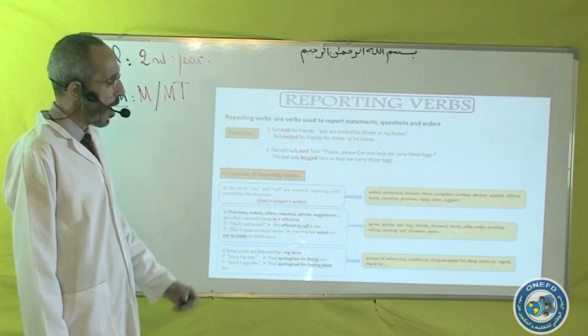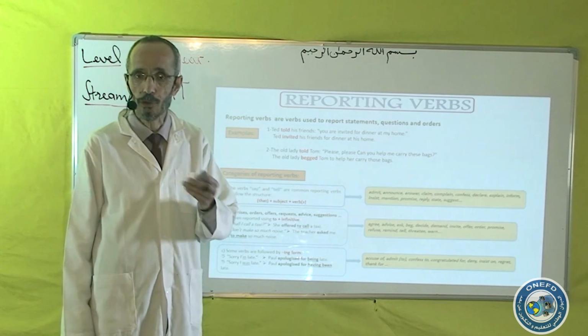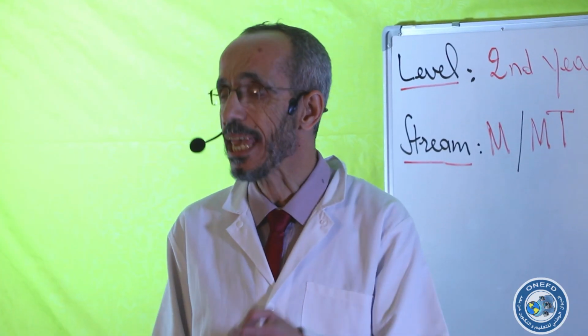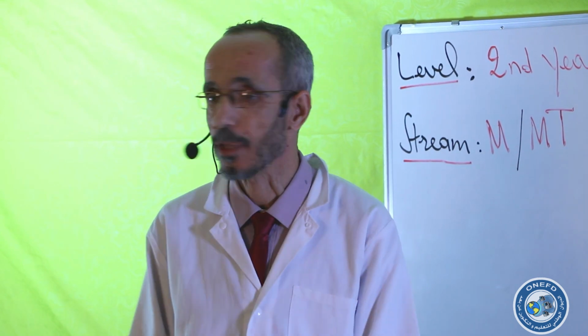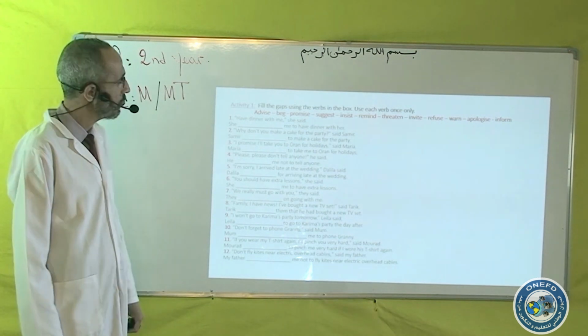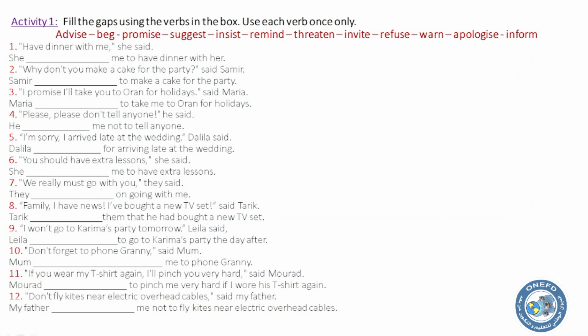Okay, now let's move to practice in order to see how to use these verbs. Activity 1. Fill in the gaps using the verbs in the box. Use each verb once only.